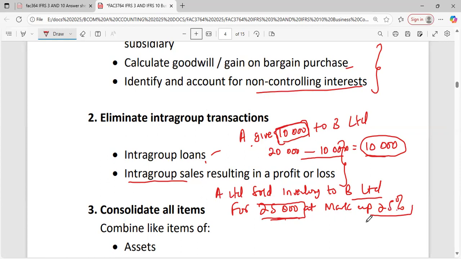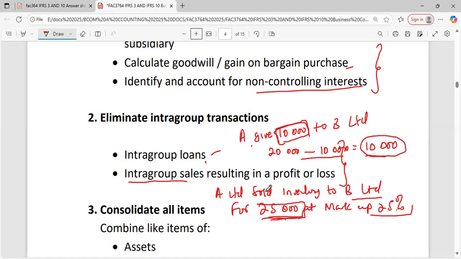And at third level, remember in our 2602 we're not focusing much on the tax implication, but now we are. If you eliminate this intra-group profit of 25%, it will also affect the tax.